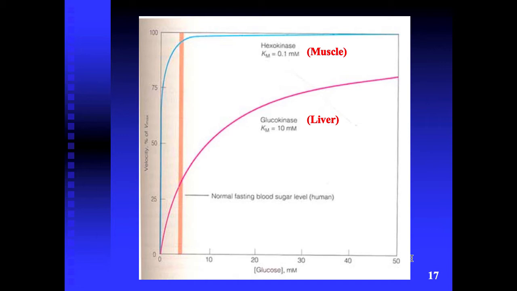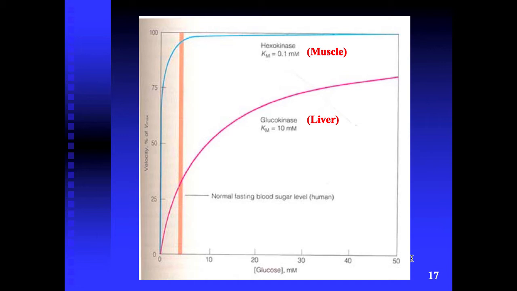Now, let's say I consume a carbohydrate meal with 100 grams of carbohydrate in it. It's very reasonable that fasting blood glucose is going to change from about 90 to, let's say, 150 or 200. It's very common for it to double. So let's say it went from 4 to 10.